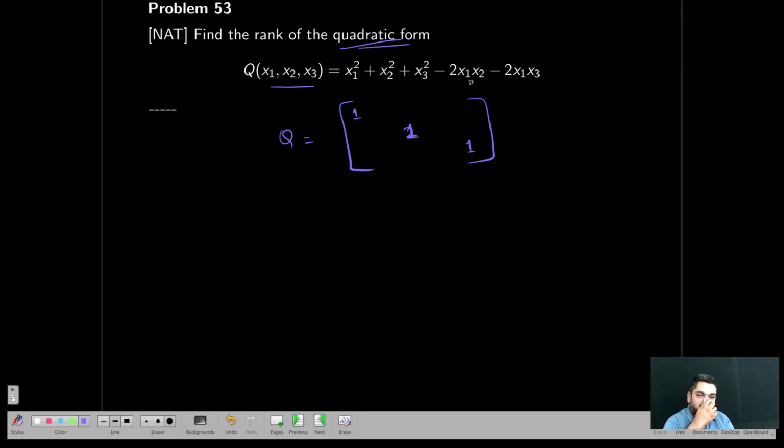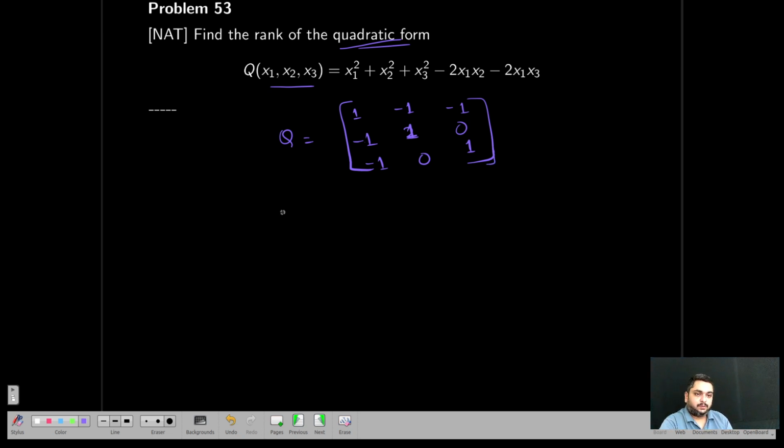Minus 2 x1 x2, so 1 2 is minus 1, and 2 1 will also be minus 1. Then x1 x3 is there, so 1 3 is minus 1, and 3 1 will also be minus 1. The rest will be 0. And this will be a symmetric matrix. Find the rank of this.